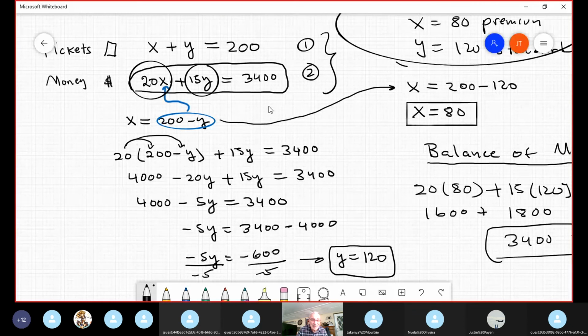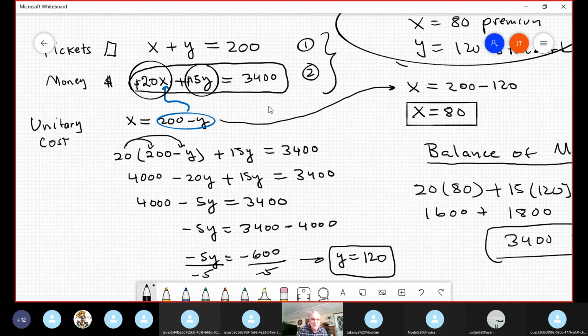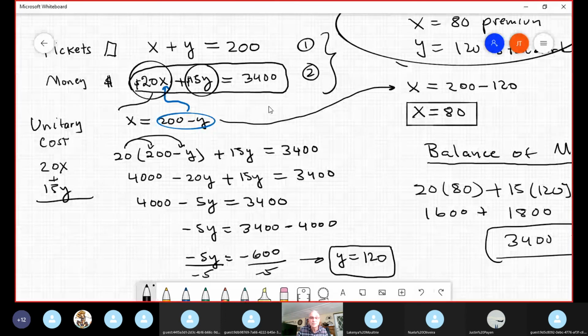When you multiply the unit cost, which is $20 and $15, by the amount of tickets, you get the money. So 20X represents the money only for the premium, and 15Y represents the money only for the standard. And together, plus, is the total money given.